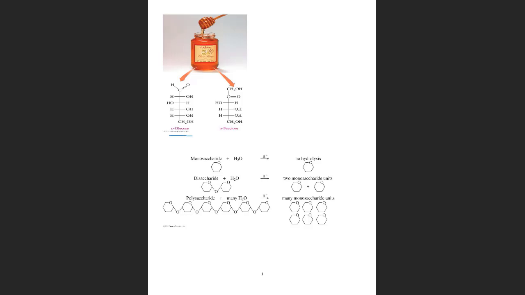When we see this drawing, we have to make sure that we know what it means. Glucose, first of all, has 6 carbons: 1, 2, 3, 4, 5, and 6. Carbon number 1, as you see here, has an aldehyde group.